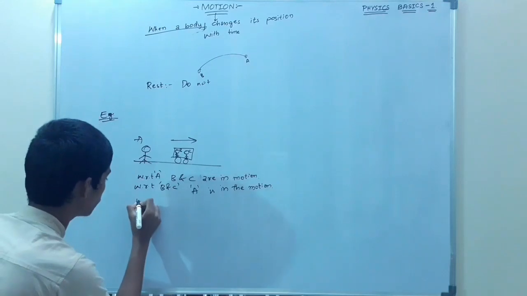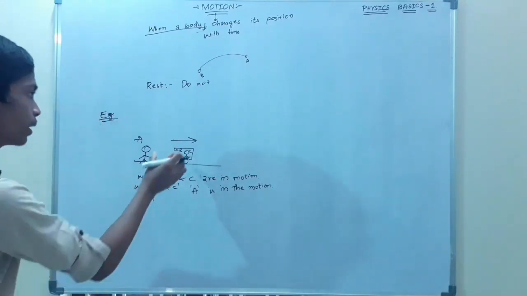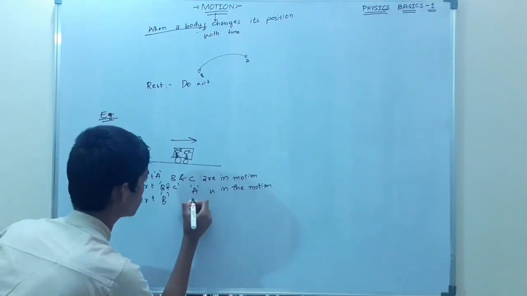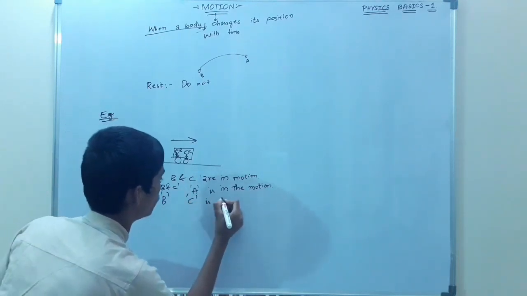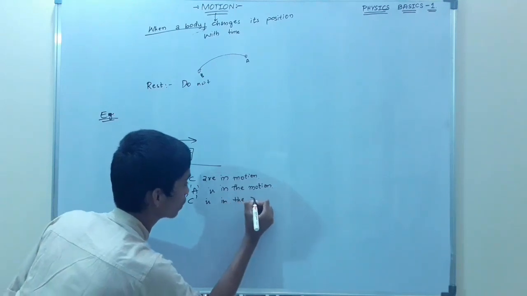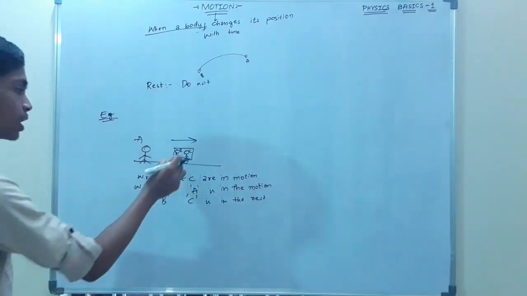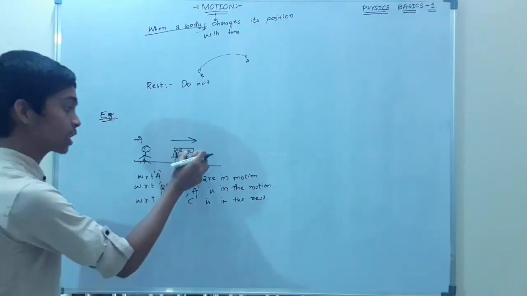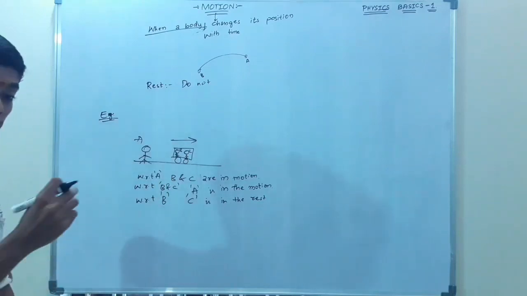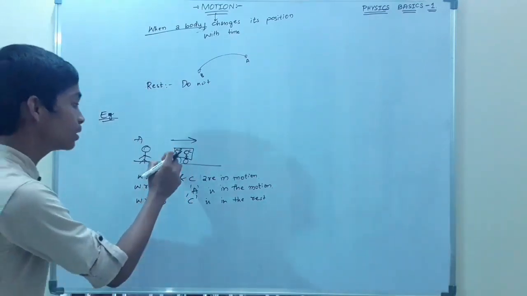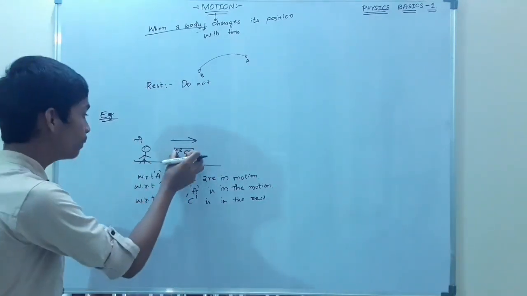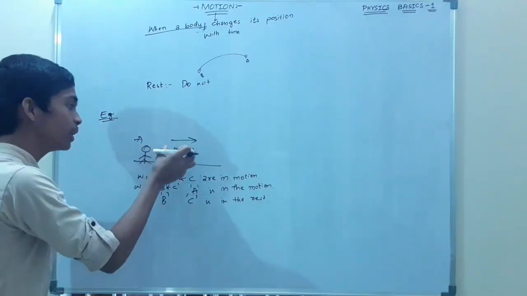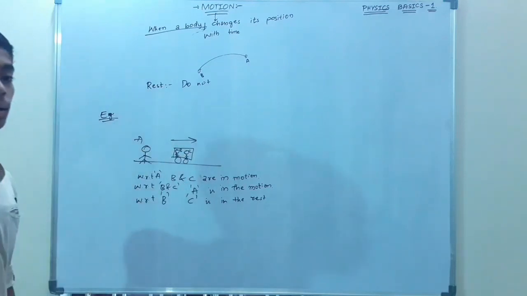With respect to B, C is at rest. If B is seeing C, C is at rest. With respect to C, when C is seeing B, he is at rest. And when they both are seeing A, A is in motion. When A is seeing B and C, they are in motion.